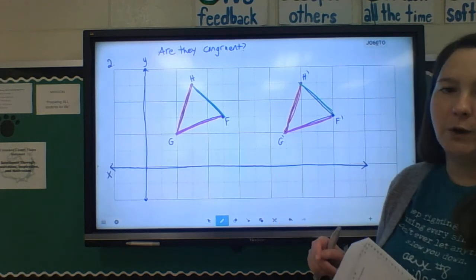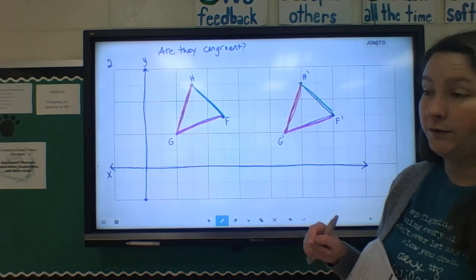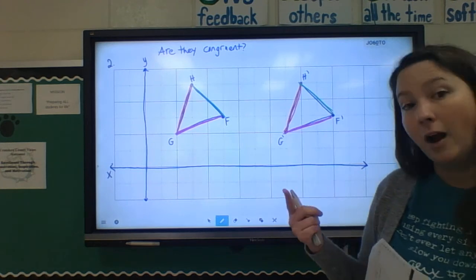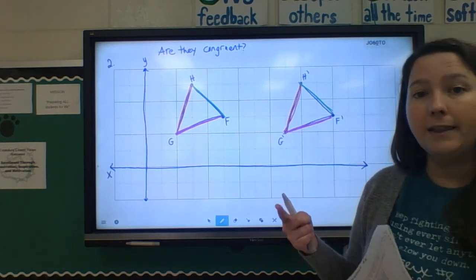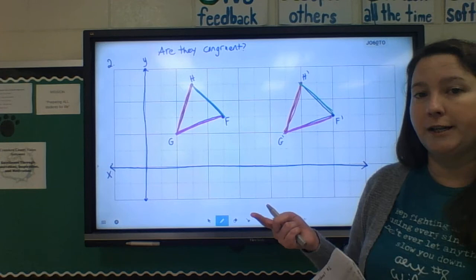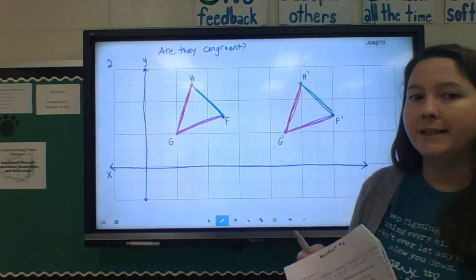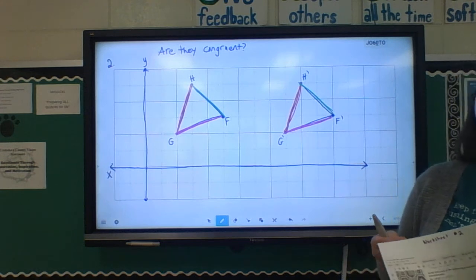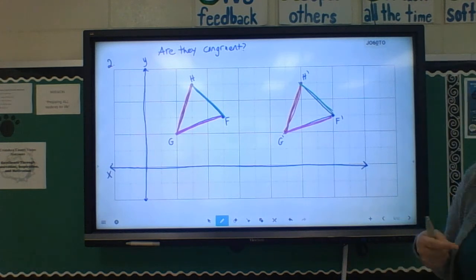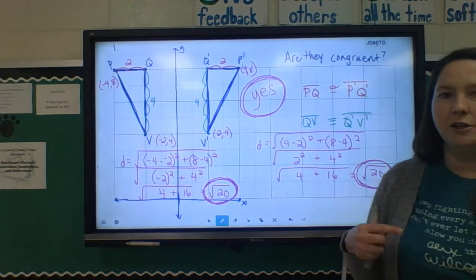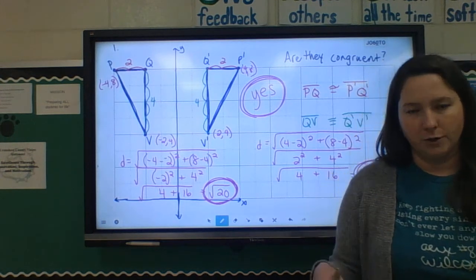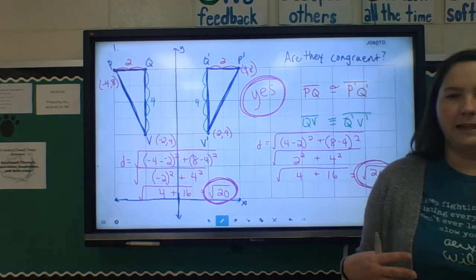Then they want to know, okay, you've verified that they are congruent, now what transformation has happened? We did that a long time ago. Transformations would be reflection, rotation, translation, dilation.